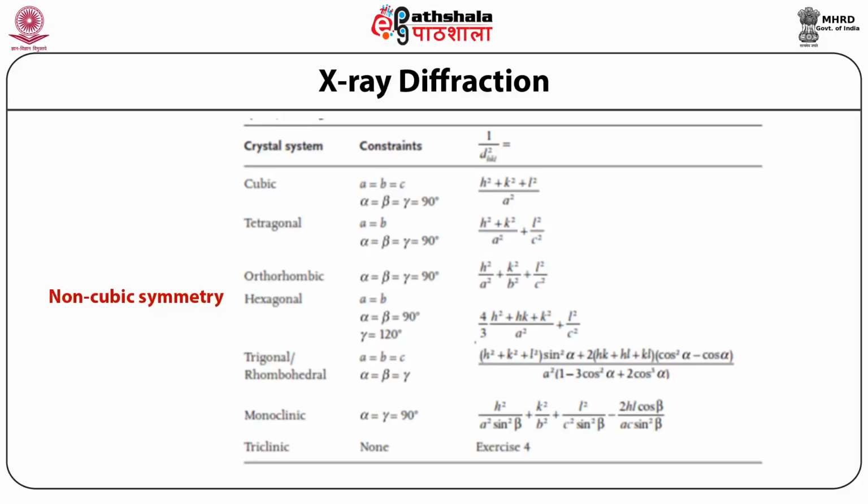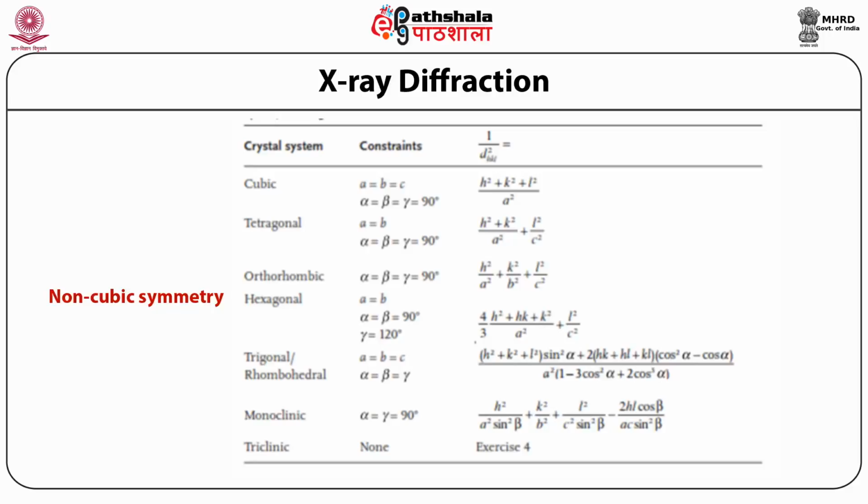The lattice constant now depends on the direction: on the x-axis it is a, on the y-axis it is b, on the z-axis it is c. Similarly for hexagonal, rhombohedral, monoclinic and triclinic structures, these formulas are given in this table.